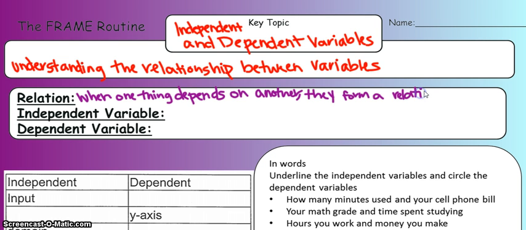They relate to each other. Okay? So relation, when one thing depends on another, they form a relation.